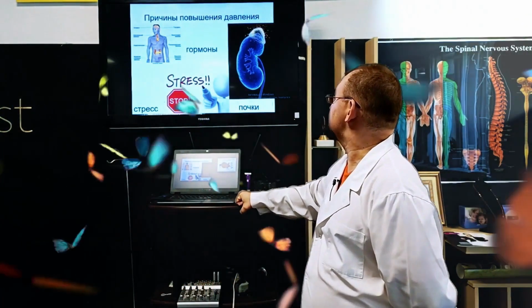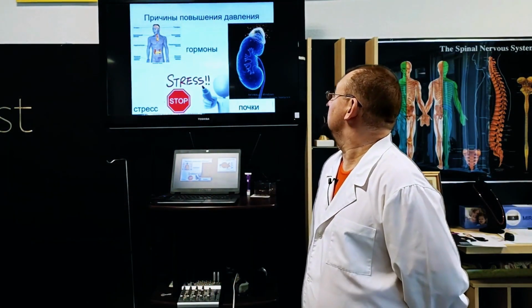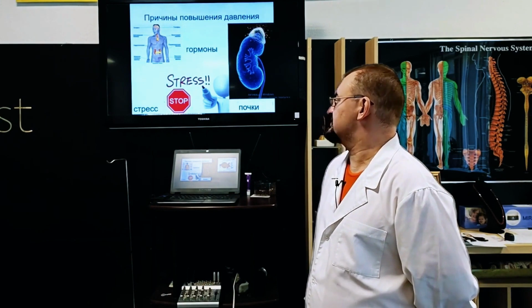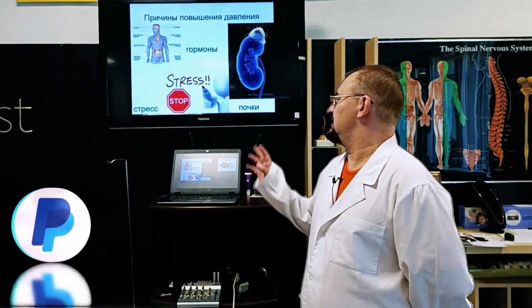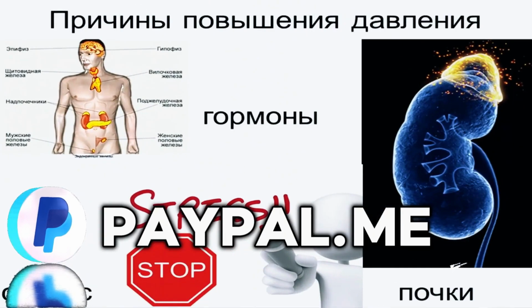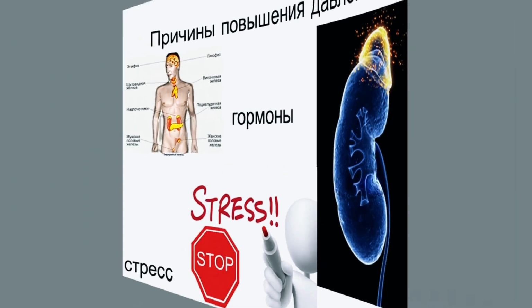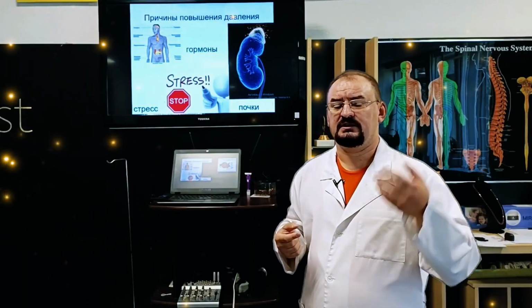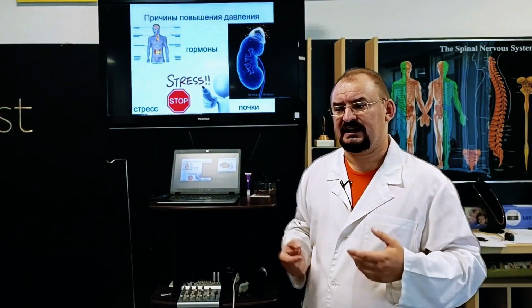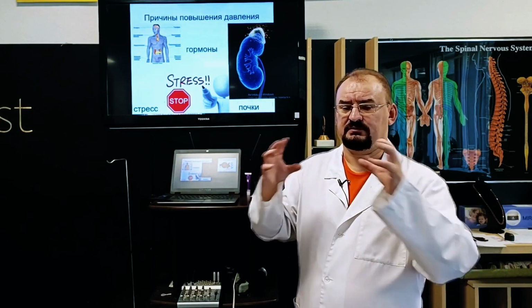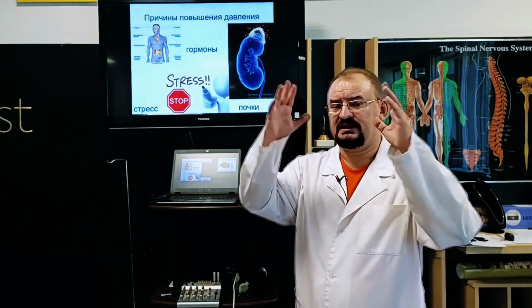So the causes of high blood pressure, friends, if we really break it down, there are actually 3 main causes of high blood pressure. Well, sometimes blood pressure rises when a person has certain hormonal imbalances. For example, when there is an increased amount of thyroid hormone, as in thyrotoxicosis, these hormones can cause blood vessels to spasm, which then raises blood pressure.